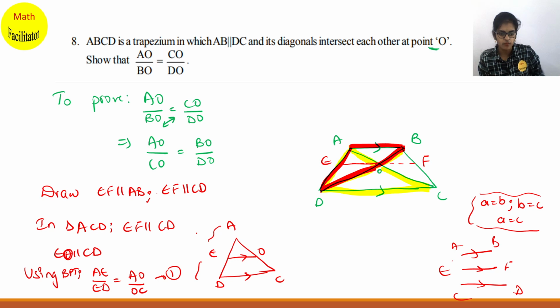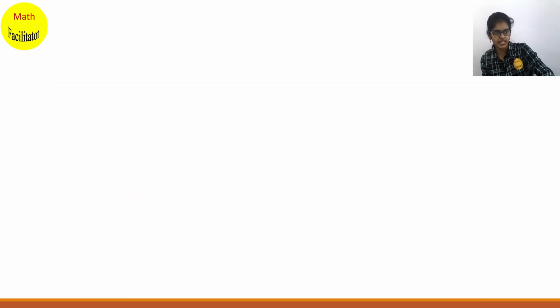Some might take this triangle first and some will take this triangle. Some might take this triangle ABD and then take this triangle ABC. Whichever way you do, the answer will be the same. Clear, beta? There is no rule in these prove-that questions that you have to follow this method only.